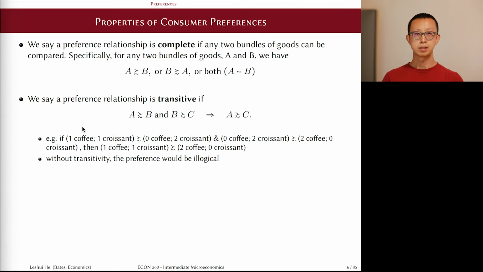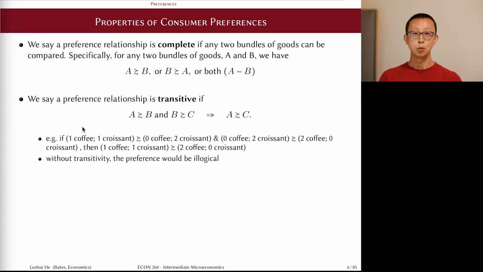For example, as a consumer at a coffee shop, if you know that my preferences are such that I prefer 1 cup of coffee and 1 croissant over no coffee and 2 croissants, while at the same time you know that I prefer no coffee and 2 croissants over 2 coffees and no croissant, then you hopefully will be able to reliably deduce that if I'm a logical person, I would also prefer 1 cup of coffee and 1 croissant over 2 cups of coffee with no croissant.